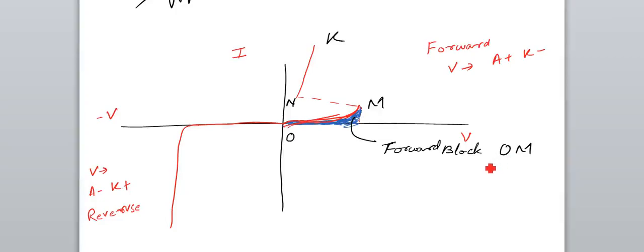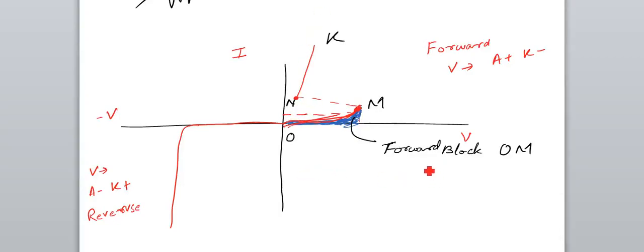Now here the current is very minimum. Look at the amount of current which you are getting. The current is minimum, but the maximum amount of current is at M. After that it switches to the N position. From M to N it is called turn on.